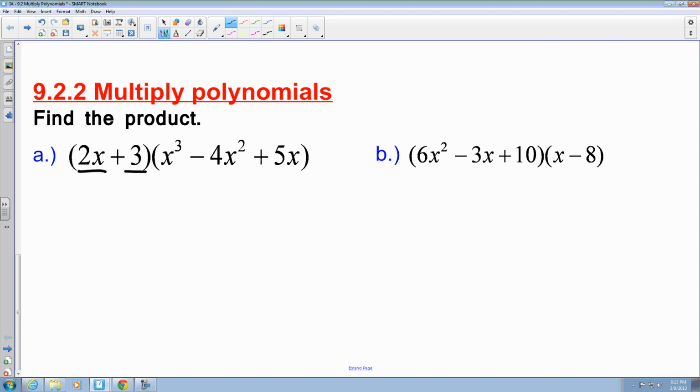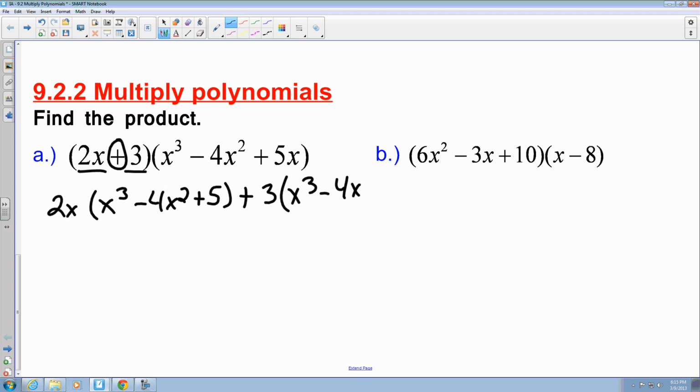I want you to rewrite it as 2x, and then multiply it by what's inside that right parenthesis. So I have x cubed minus 4x squared plus 5x. And then I want you to add it, because there's a plus sign here, 3 times that same value, the x cubed minus 4x squared plus 5x.